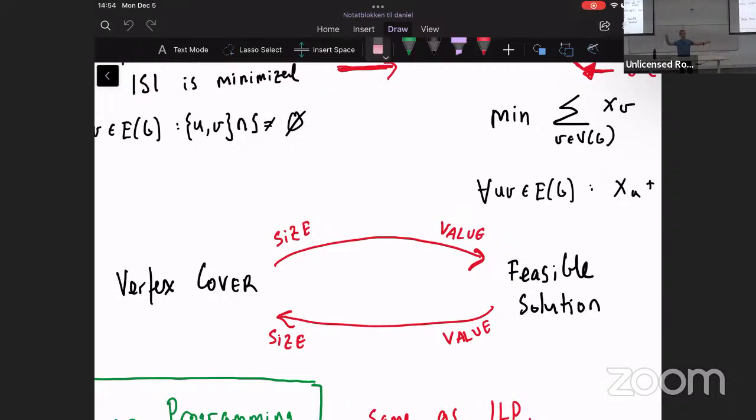And every feasible solution to the ILP that you made corresponds to a vertex cover with the same value. I'm not going to prove this. It should be fairly easy to see from the definition. If not, then ask, either now or in the tutorial.